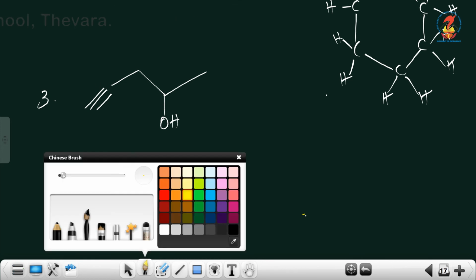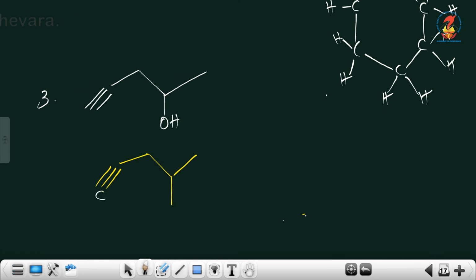Okay, so here there is carbon. Remember, here there is carbon, here there is carbon, here there is carbon, here, here and here, at all the terminals and at all the bends. So check, and add hydrogen to satisfy the remaining valencies. This carbon has 1, 2, 3 valencies satisfied, so only one hydrogen.